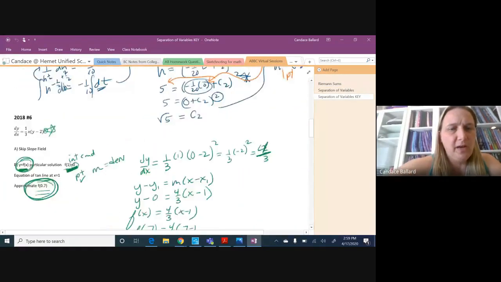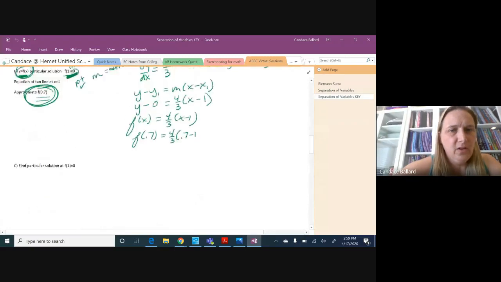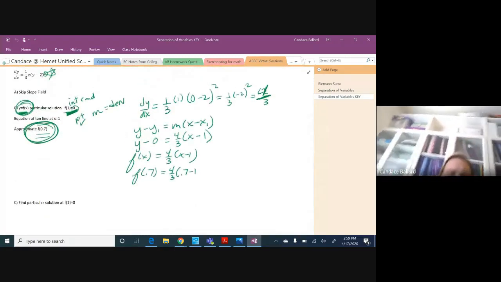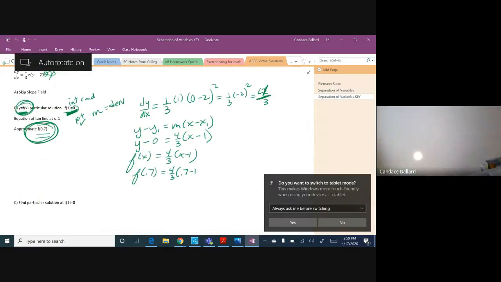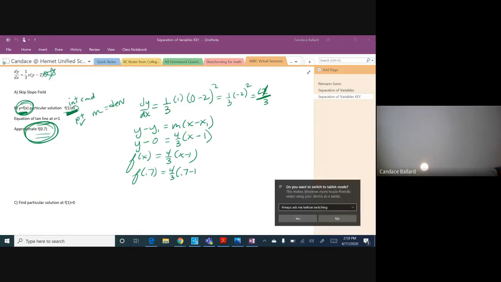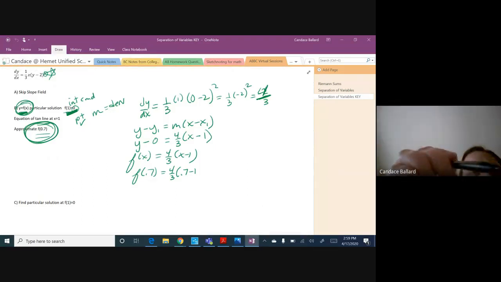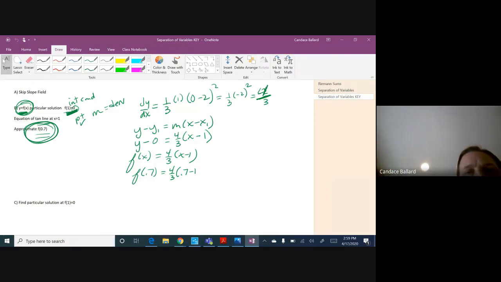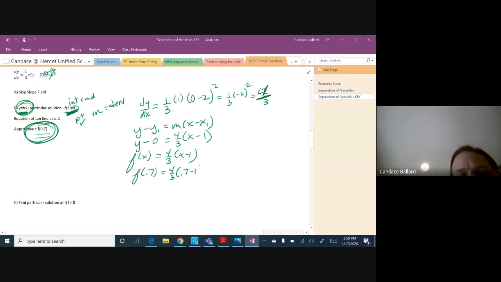Okay, we're back in business. I nicely saved everything, that's awesome. So go back to my draw menu. Oh, the draw menu looks different now. That's not good. Something weird happened.